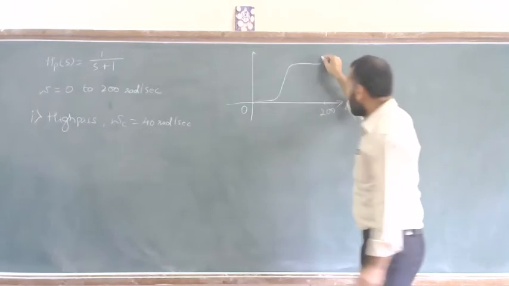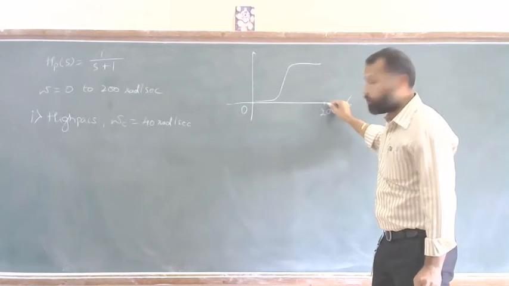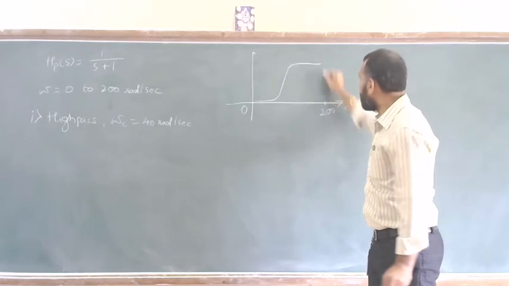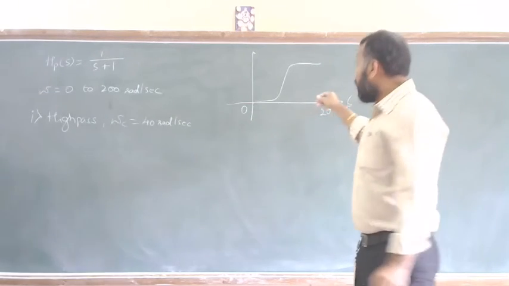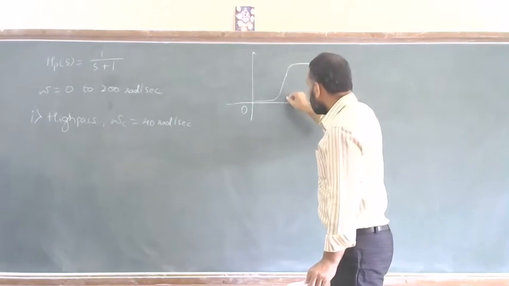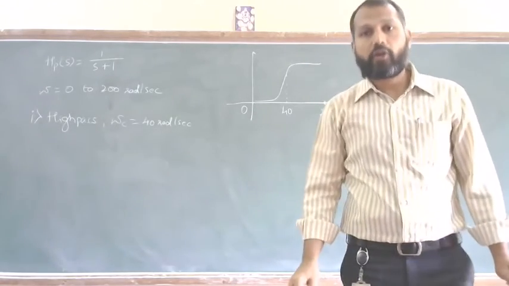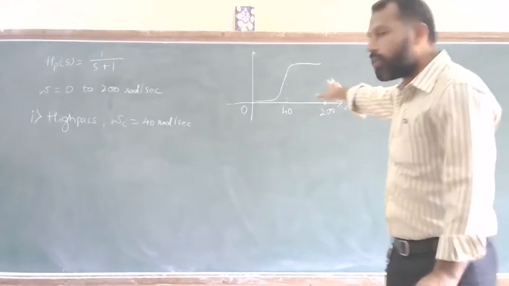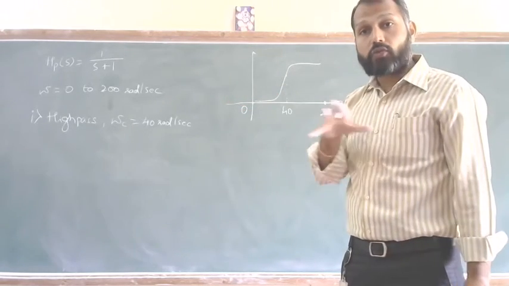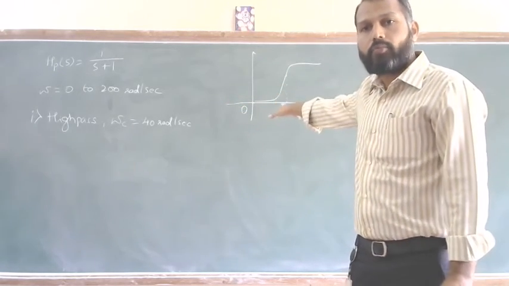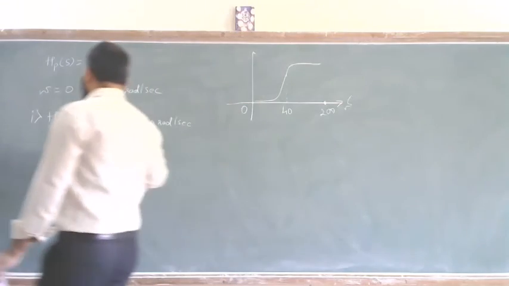I'll be taking the magnitude response till 200 radians per second only, and beyond this I will not calculate it. The cutoff frequency will be 40 radians per second. I have drawn this magnitude response based on this statement, but we will have to actually calculate and then plot this. So this is the first problem.